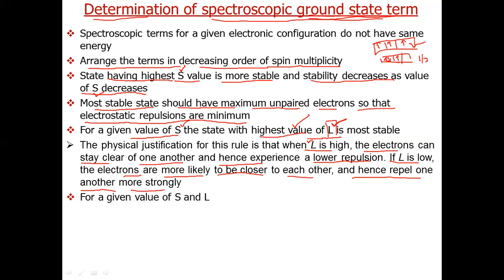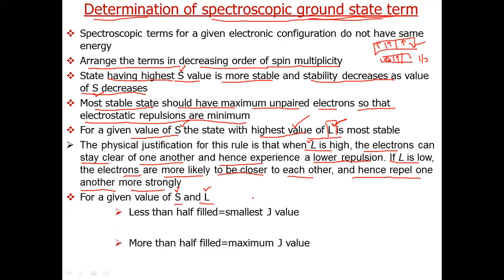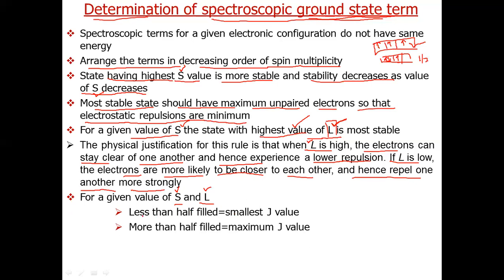Next thing is, now for a given value of S and L, we have to determine the value of J. If S is also same, L is also same, then the stability is determined by the value of J. Now there are two systems, the systems which are less than half filled.